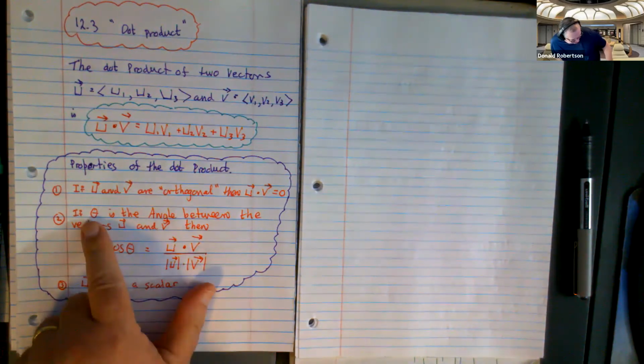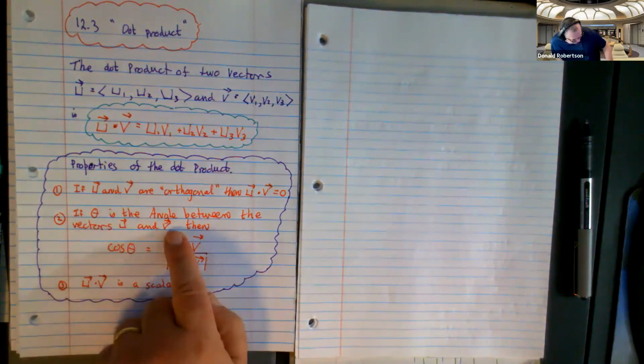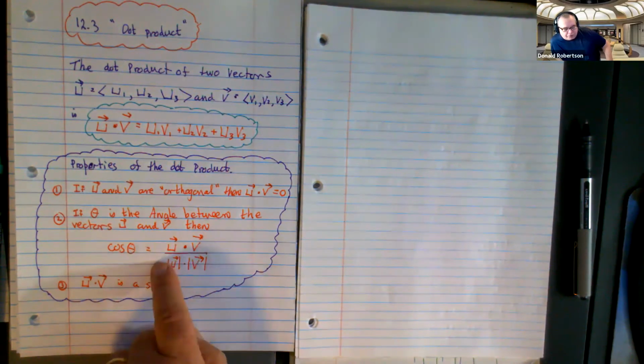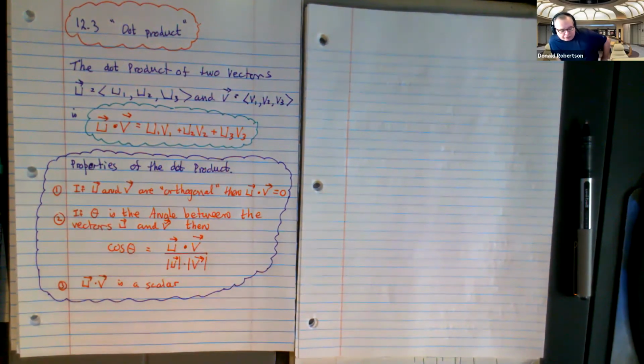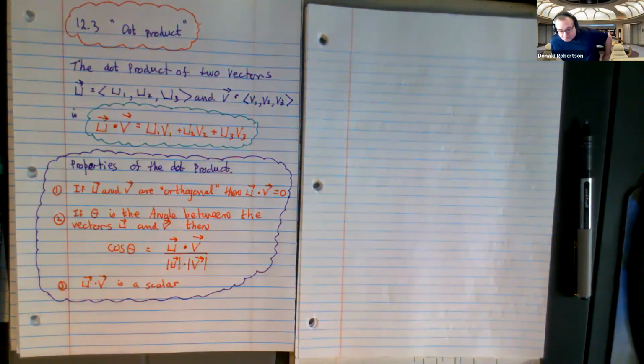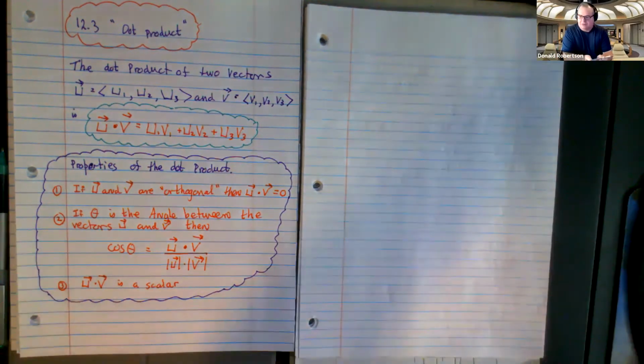Secondly, if theta is the angle between these two vectors, then we can use this version of the dot product, that the cosine of theta is u dot v over the magnitude of u times the magnitude of v. And this allows us to get the angle. The biggest angle you can get between two vectors is 180. If you remember me going like this, right?